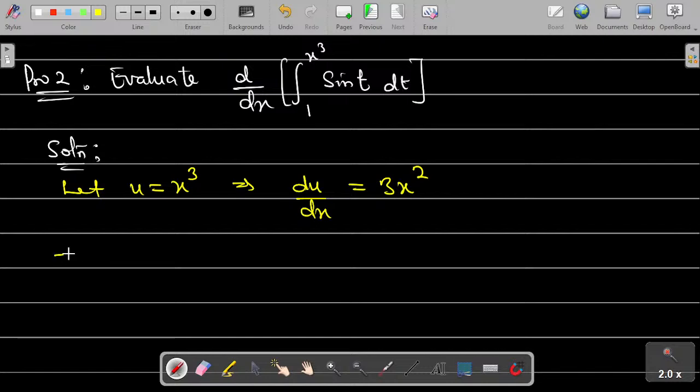Now this name calling changed some things in the function we are given, particularly this bracket. So our integral from 1 to x cubed of sine t with respect to t now became a function of x.